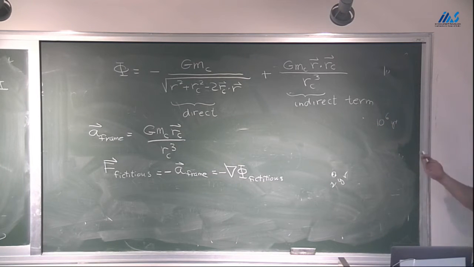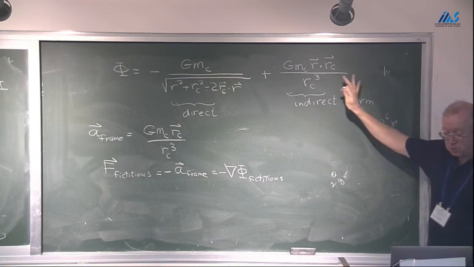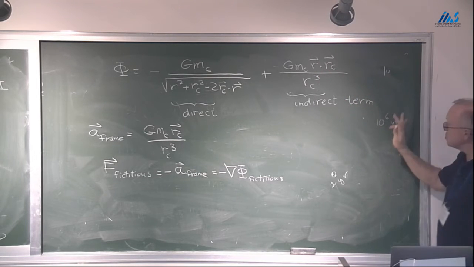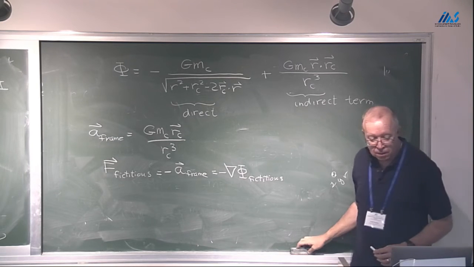And so if you pick the wrong frame, your integration time step will drop from 10 to the 4 years to a tenth of a year. So that's really not a good thing. So in a case like this, you want to be careful not to work in this frame. Of course, I speak from experience, so don't make the same mistake I did.